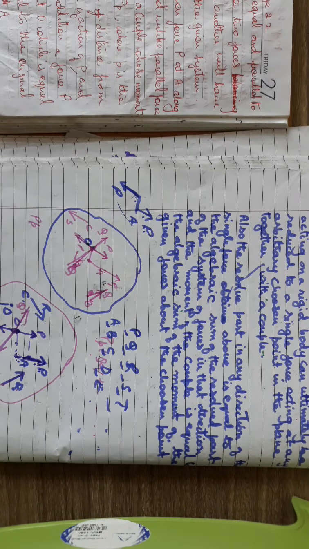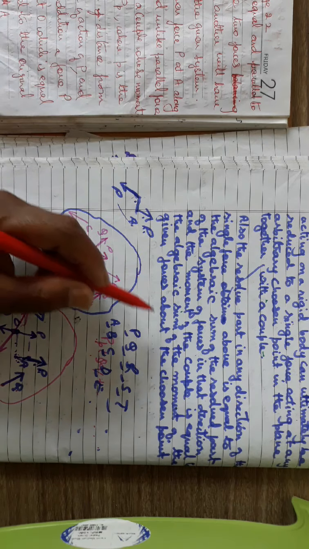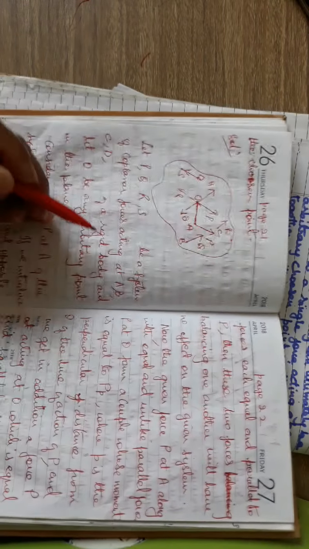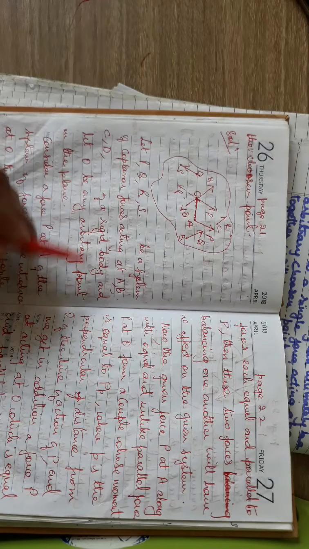So here what we have to show is that if you have any system of forces, according to the proof I've already given you, let P, Q, R be any system of coplanar forces acting at A, B, C of a rigid body.